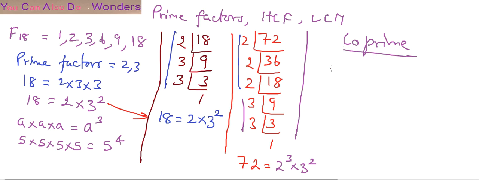Let's take these two, 18 and 72. The prime factors of 18 are 2 and 3. Similarly for 72 also 2 and 3. So they have common prime factors, isn't it? That means this pair is not a coprime pair, or these two numbers are not coprime.